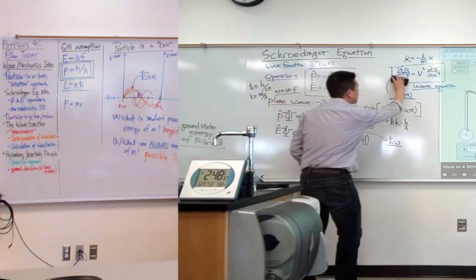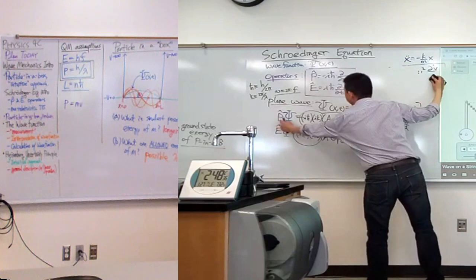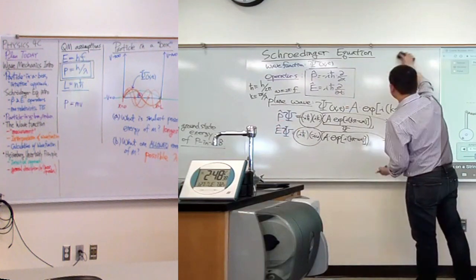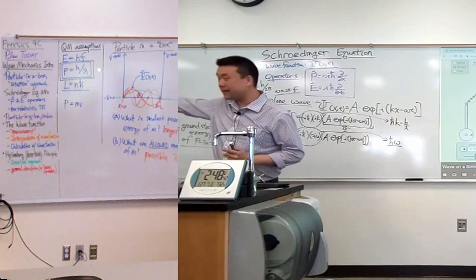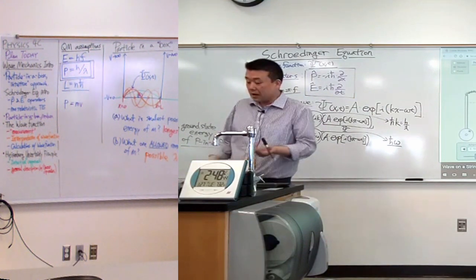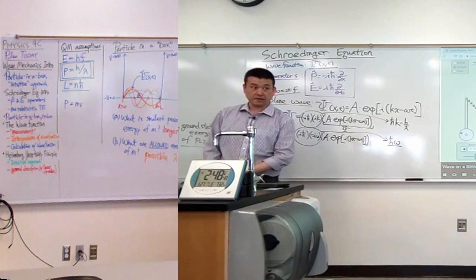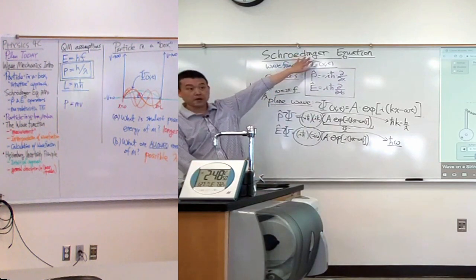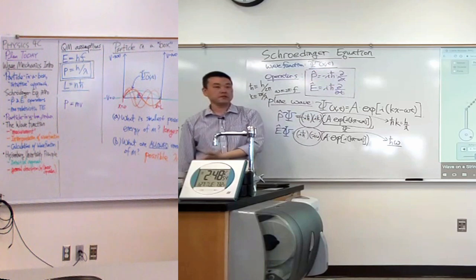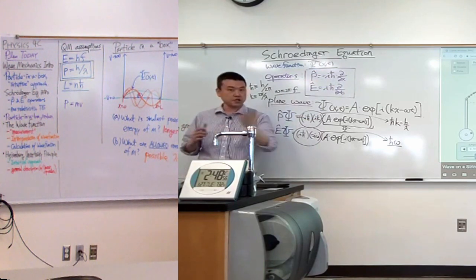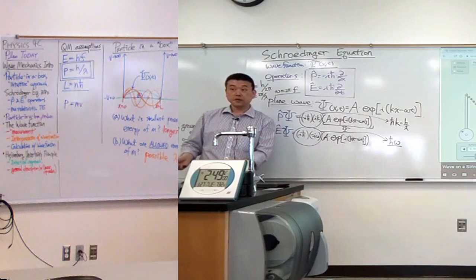And his starting place was, well, I have energy and momentum. Or I don't know where he started. He could have said, I have energy and momentum. So once again, he's not really deriving anything, because this is the fundamental law. He's trying to guess at it. And one way of guessing at it is, all right, what relationship do I know that has to be, in some sense, correct?